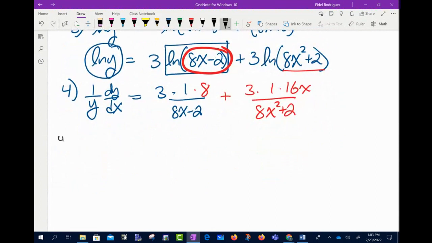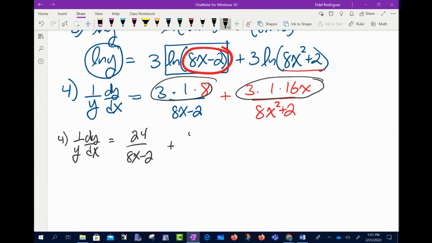Y'all, this is still continuing with step number 4. Step number 4 is kind of a long step. This is when we're going to start putting stuff together. So over here, everybody agree that's really a 24 over 8x minus 2, plus this here should really give me a 48x over x squared plus 2.